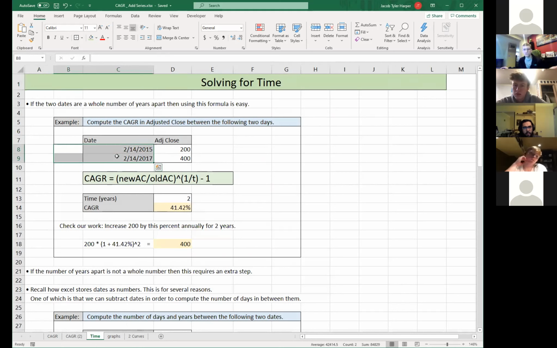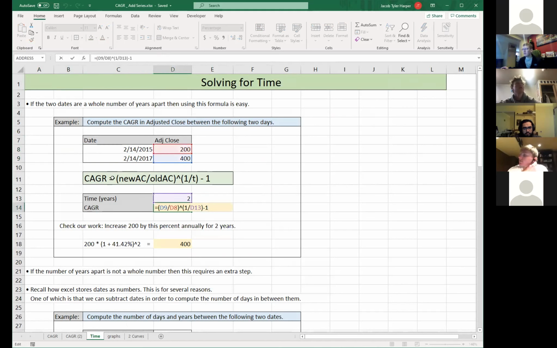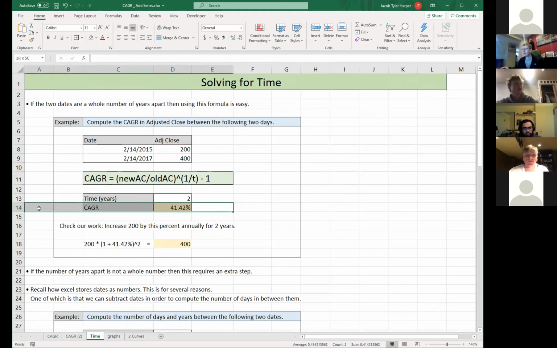So let's say I have these 2 dates. I look up the 2 adjusted close values from my historical data. There's my formula. I know that they're 2 years apart, so I can literally just see it. Well, if I plug everything in, just like this green formula is telling me, if I take the new adjusted close over the old adjusted close, little caret raised to the 1 over 2 years minus 1, I get a compound annual growth rate of 41.42%.